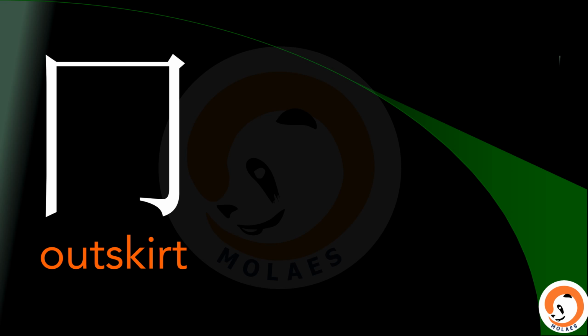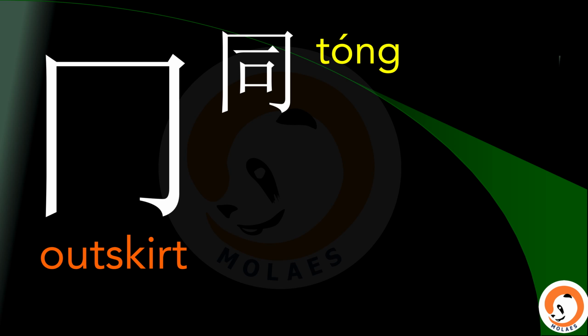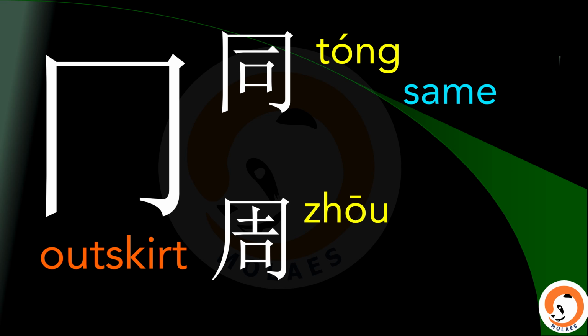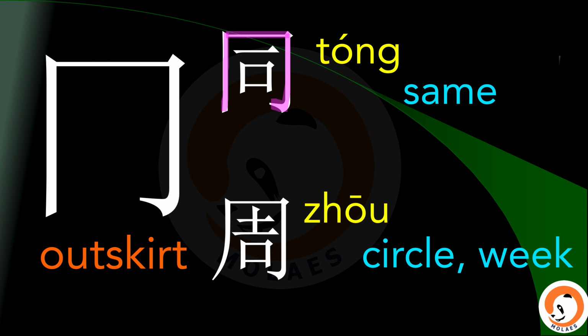Outskirt radical. 同 means same. 周 means circle and week. They all contain the outskirt radical. 同, 周.